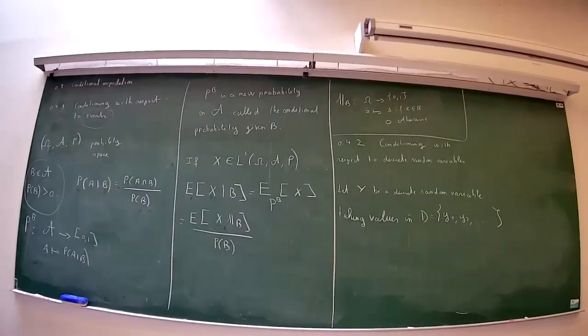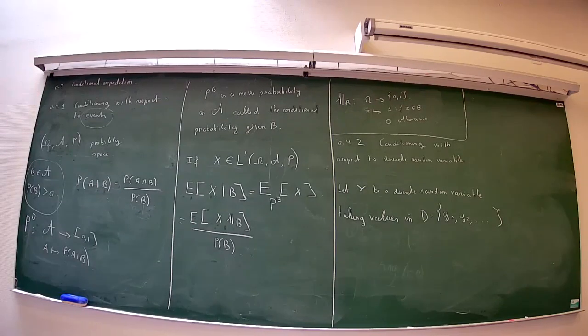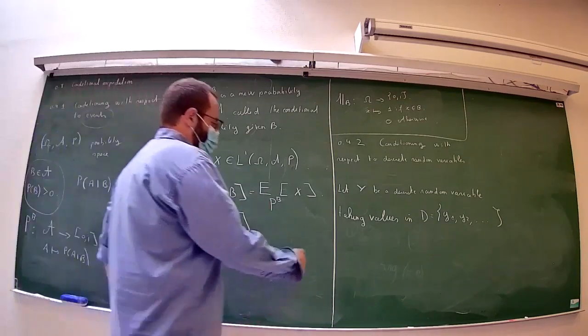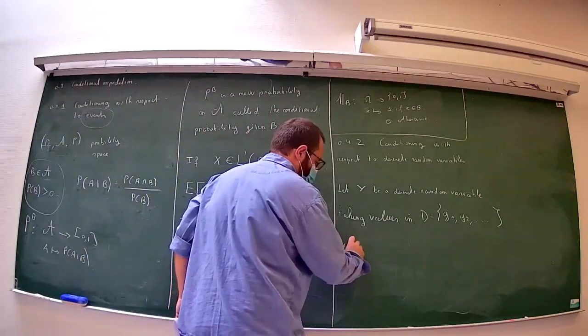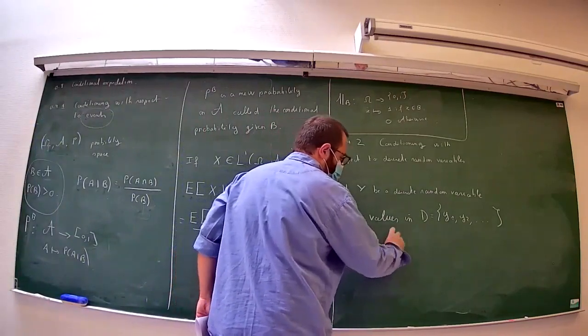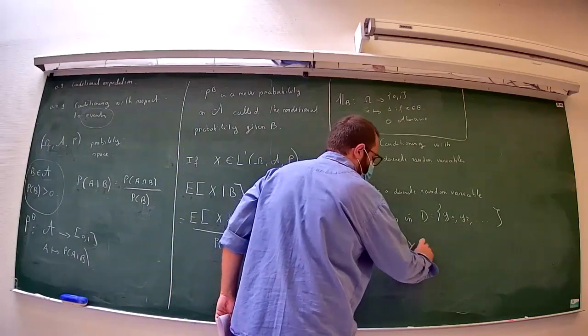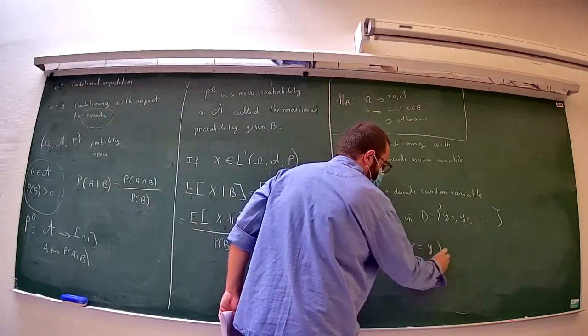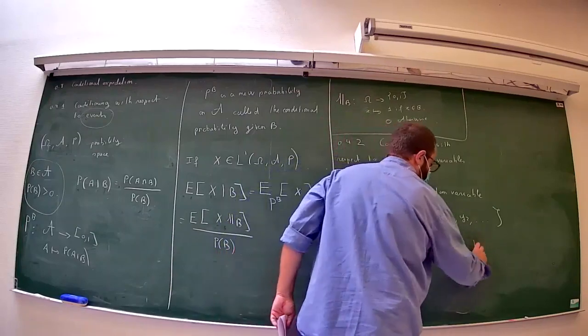And we suppose that in capital D, I have real values for Y, that is, the probability that Y takes a value in D is strictly positive.